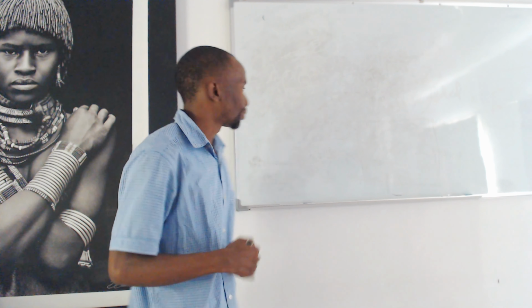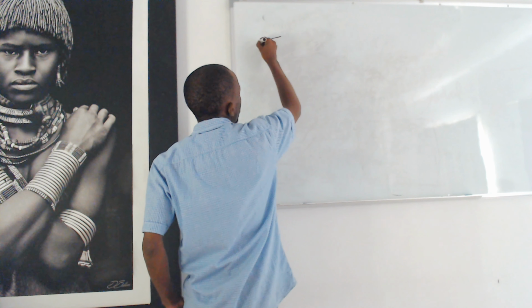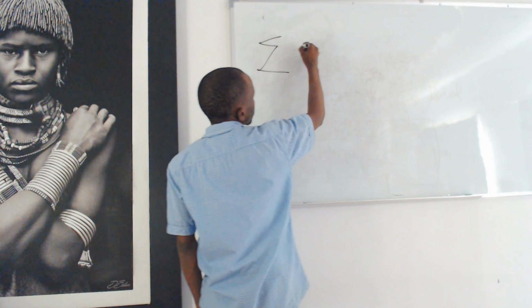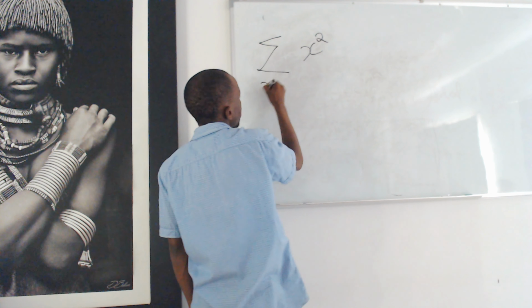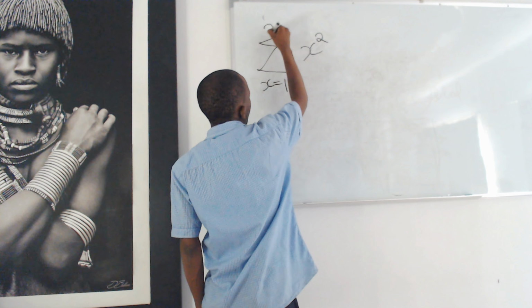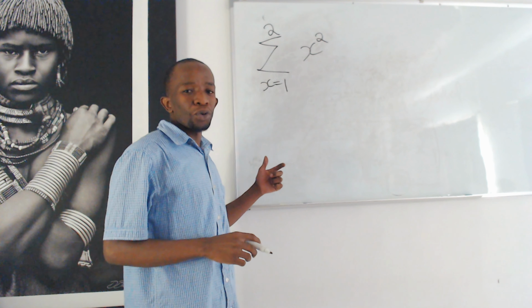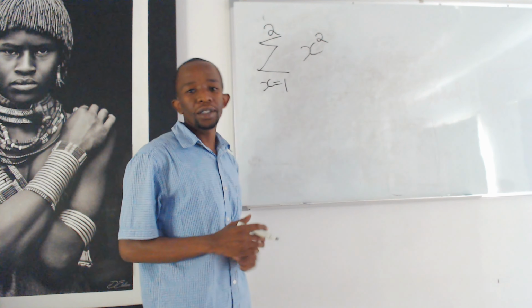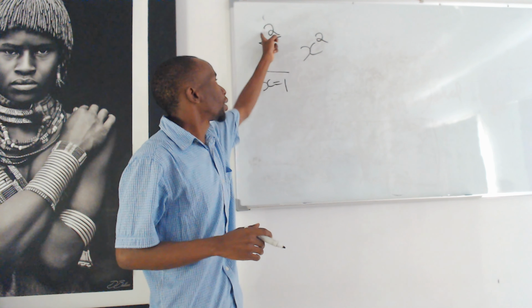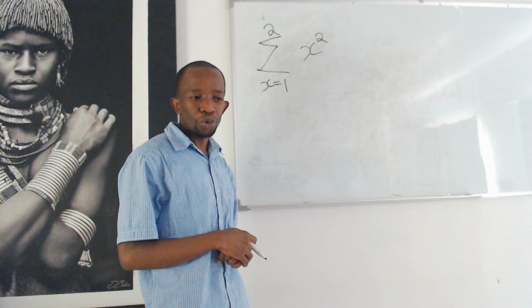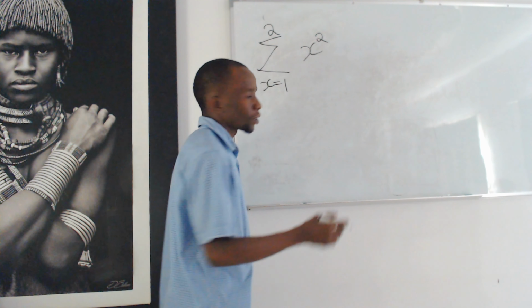Now we have to look at an example. Example number 1. Compute the summation of x squared from x is equal to 1 up until x is equal to 2. Very simple.